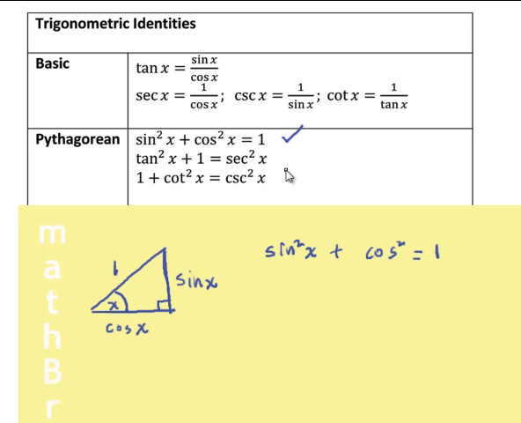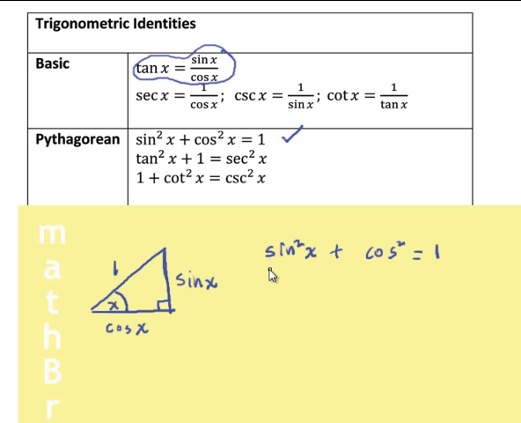These three are grouped together because the second two come from the first one. If we combine this identity with this top identity, we get these two. So let's say we take the top identity and divide both sides by cosine squared x.